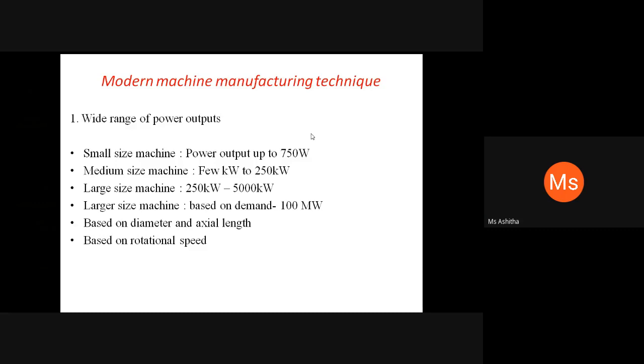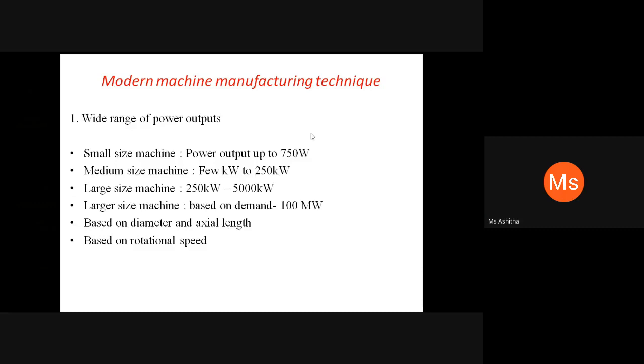The next criterion is based on the diameter and the axial length of a machine, and on the rotational speed. Machines below 250 rpm have a larger diameter and a smaller axial length, while high speed machines of 3000 rpm or more have a smaller diameter and a large core length.